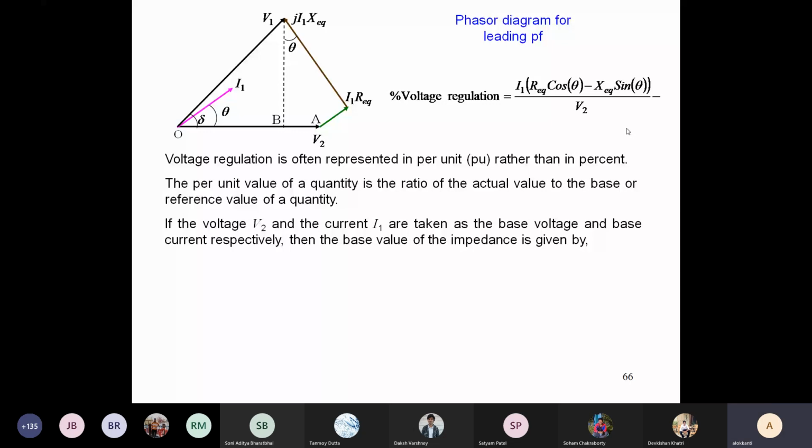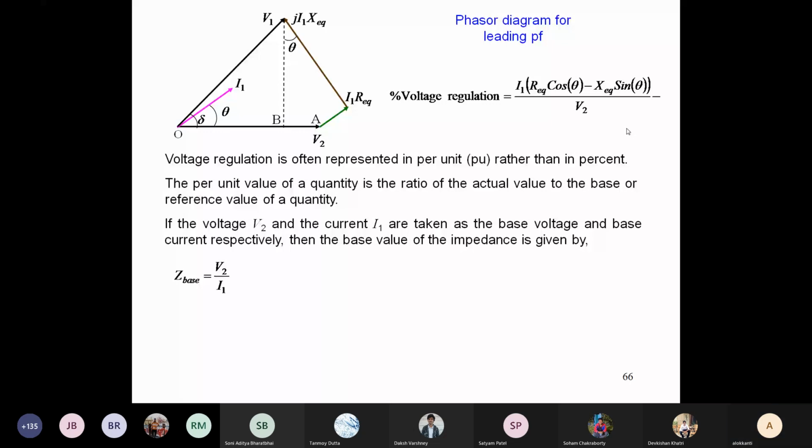If a certain value of the voltage and a certain value of the current are taken as the base voltage and base current, then with respect to that, the base value of impedance is basically V2 by I1.